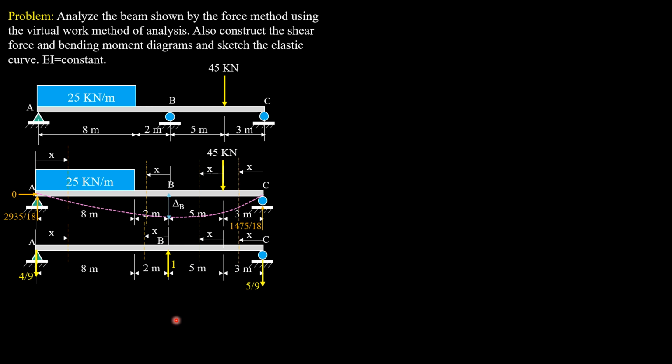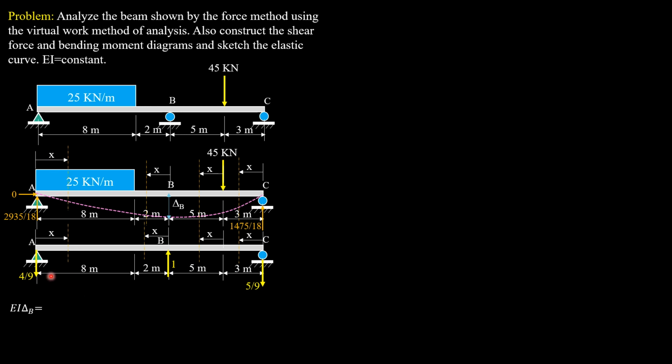Remember that for the virtual work method, EI times deflection is the integral of Mm over dx. So EI delta B equals the integral from 0 to 8, for this first section, of 2935 over 18 times x minus 25 times x over 2, or minus 12.5 x squared.